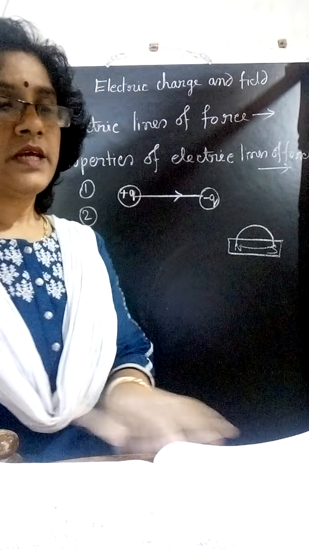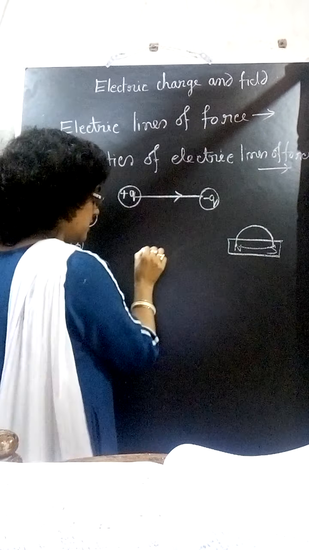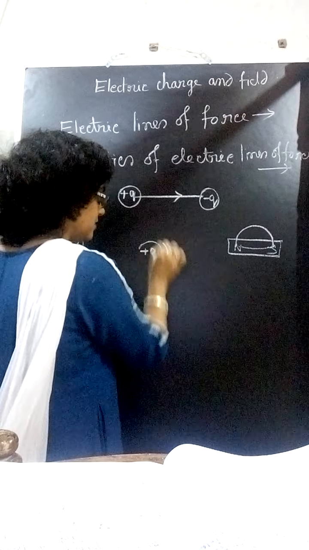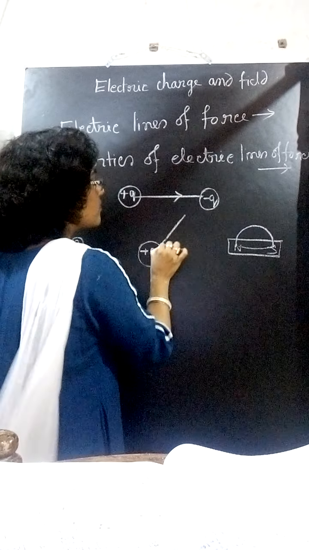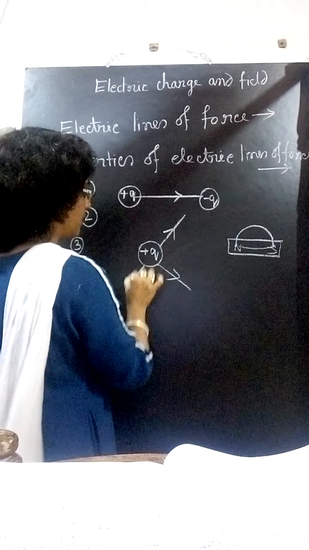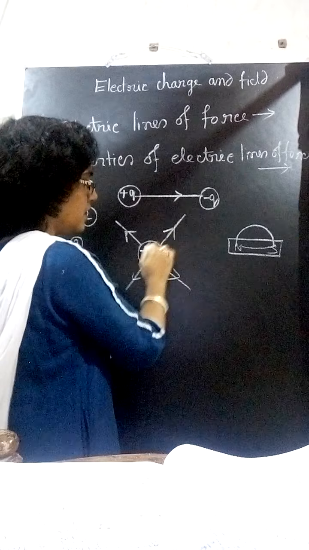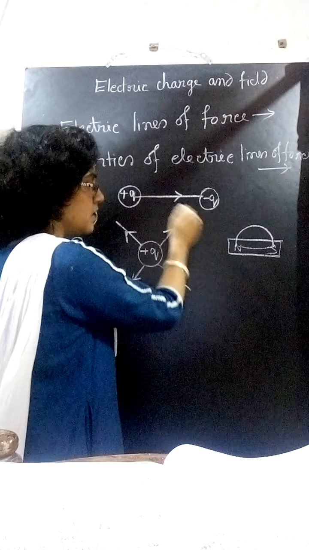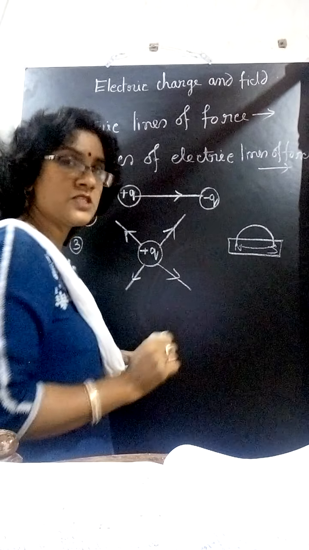Third point: they do not terminate in space. That is, the electric lines of force are drawn like that. Maybe the question is whether the electric lines of force terminate here, but it is not like that.